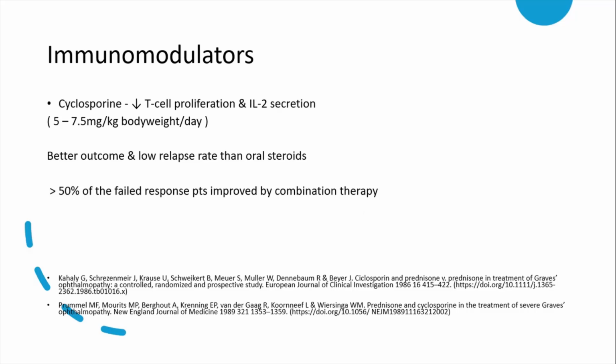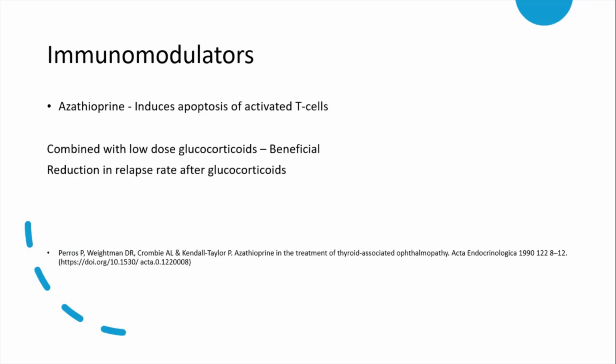Still, those who failed to respond did respond to combined therapy. So cyclosporine is always used along with steroids. Now we have another immunomodulator, azathioprine, which, like mycophenolate mofetil, acts on the activated T cells. When combined with steroids, it also has a beneficial effect as per the studies.